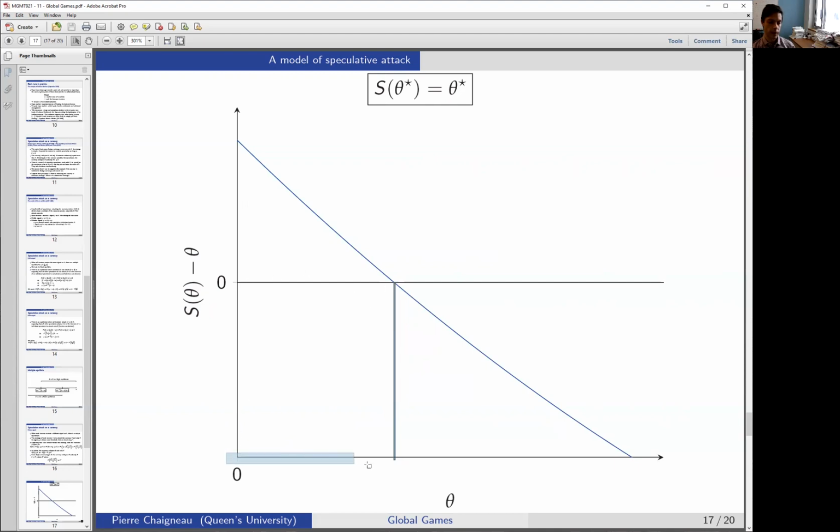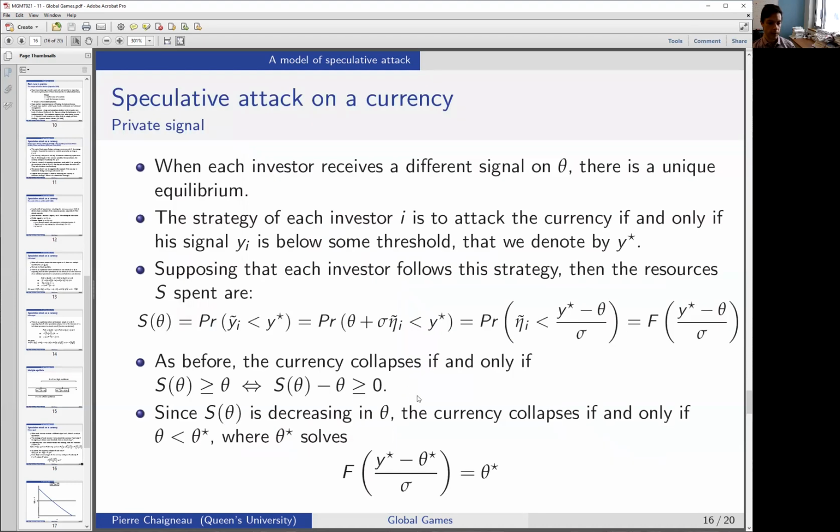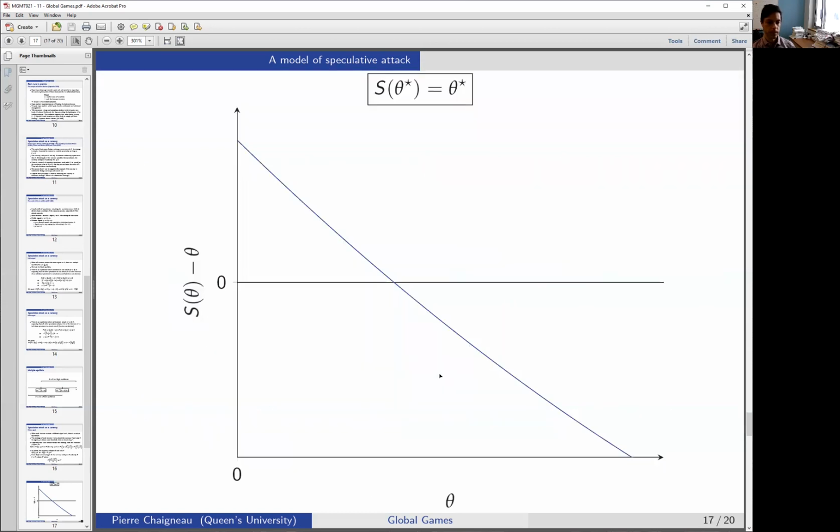So for any theta here, when this function is positive, what does this mean? It means that the currency collapses. Okay, and when this function is negative, so for any theta greater than theta star, the currency is not going to collapse, whenever this function here is below 0.